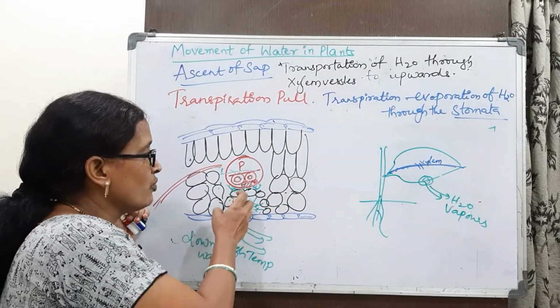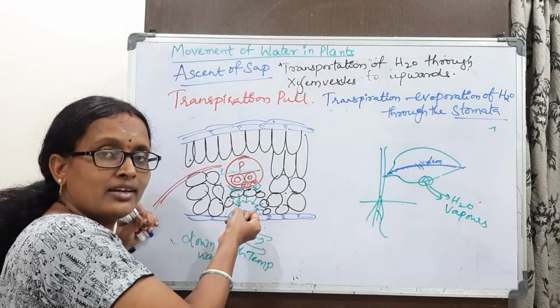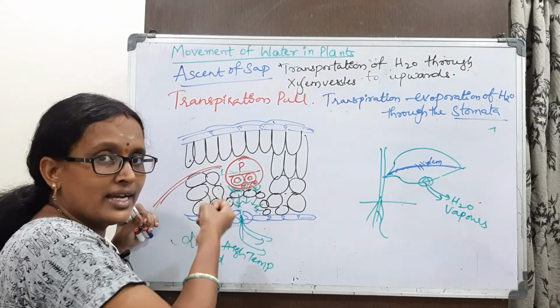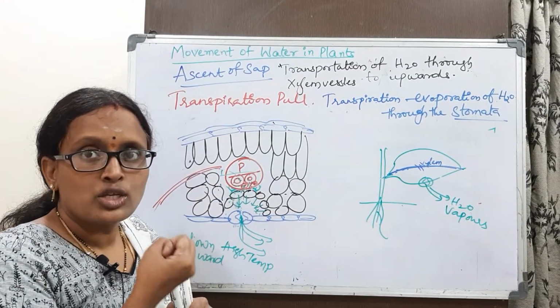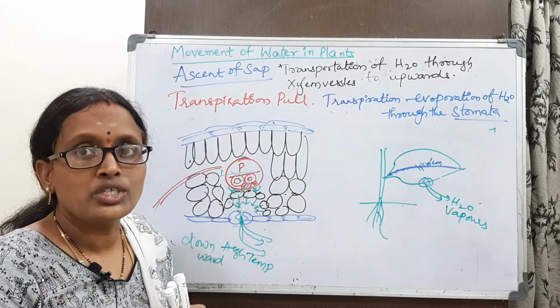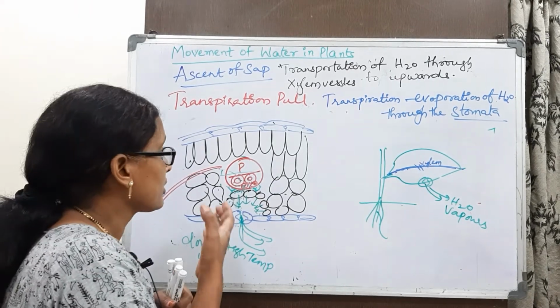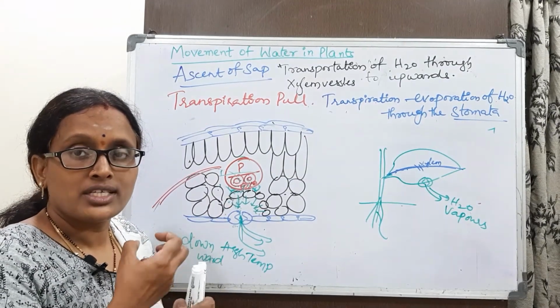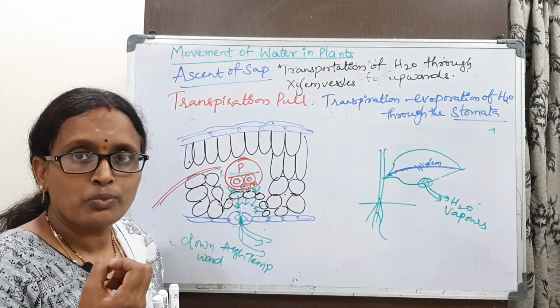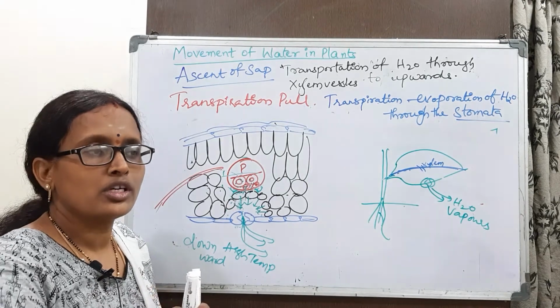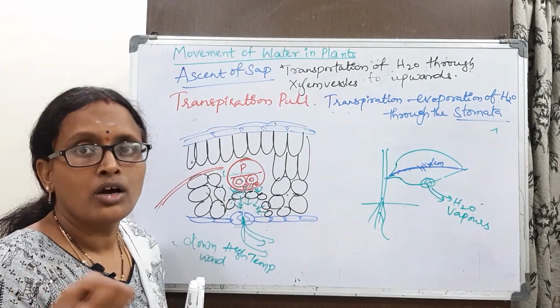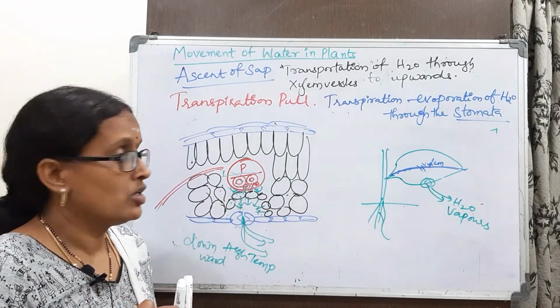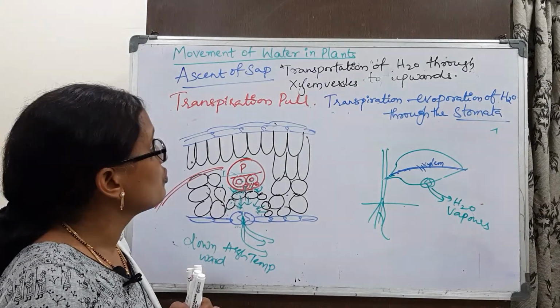The mesophyll cells suck water from the neighboring cells, so a suction force is created. The suction force created by transpiration is known as transpiration pull. With this suction force, water is absorbed in tall plants. So this is about the ascent of sap.